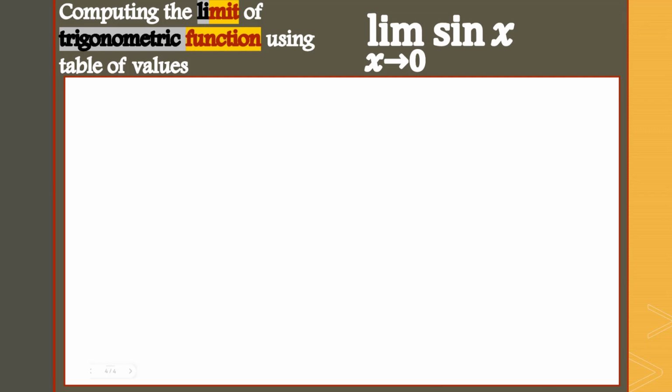So to show, our function here is of course sin x. We are to determine the limit of sin x as x approaches 0. Take note that x here corresponds to the angle of the trigonometric function sine.